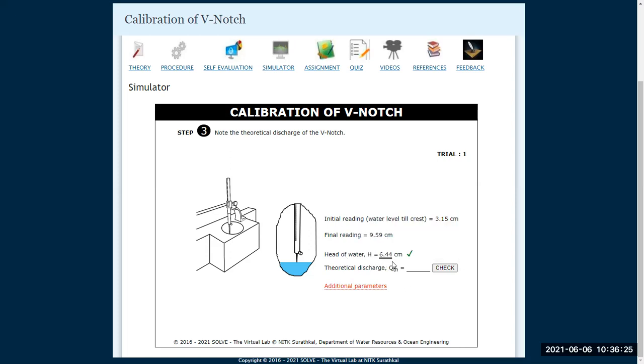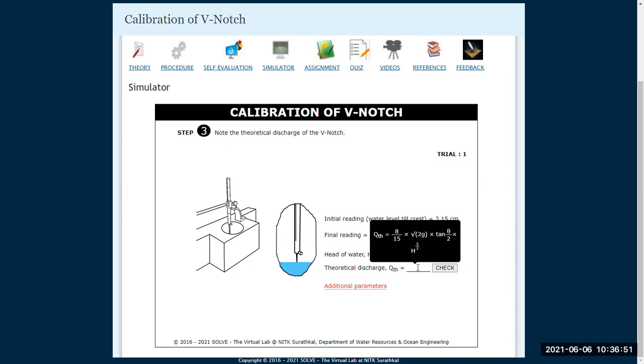Once you get this head of water, you have to calculate the theoretical discharge. We have a formula to calculate the theoretical discharge through a triangular notch or V notch. The formula is Q theoretical is equal to 8 by 15 square root of 2g tan theta by 2 into h to the power 5 by 2. Here theta is the notch angle.